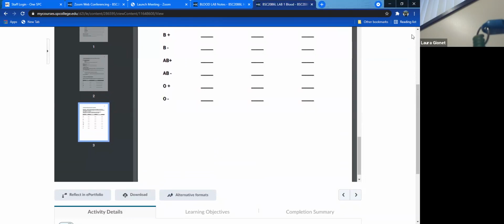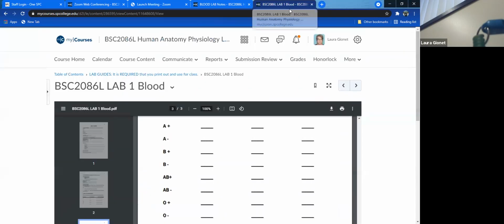Okay, so that's kind of quick, but let me change my share and go to some of the images. So let me just make sure that stop my share, and then I'm going to toggle back. Hold on. I'm going to go to blood notes and go to one.